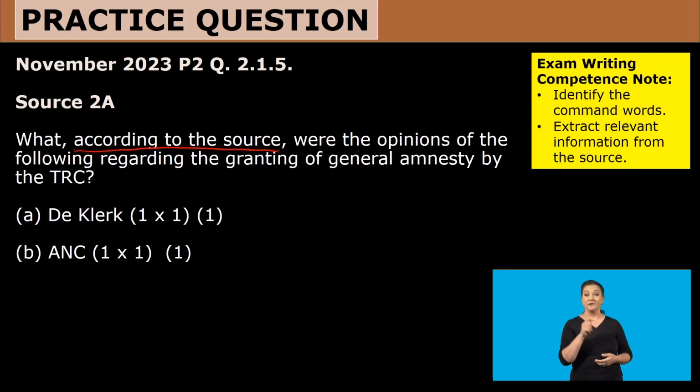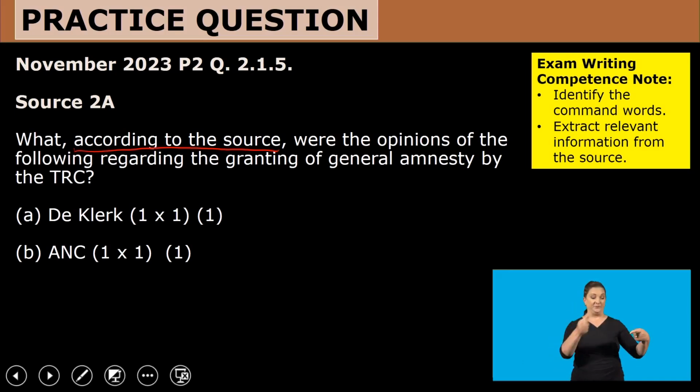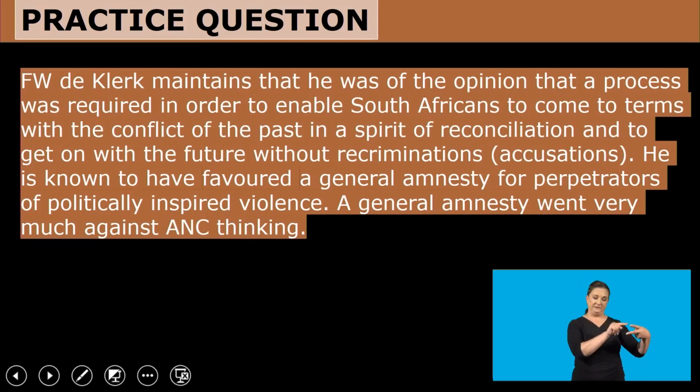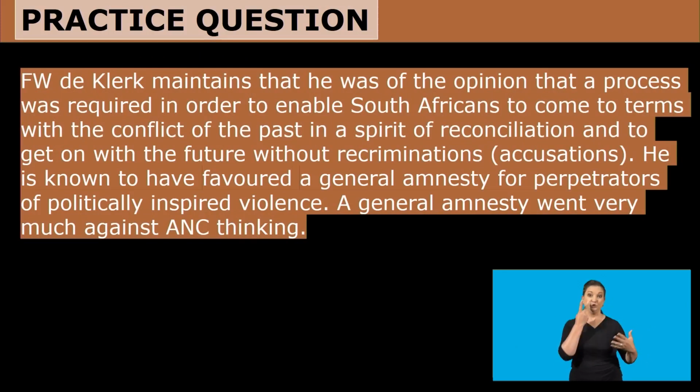The first one is de Klerk, and then the next one is the ANC. Now let's look at the possible responses. Before we do that, let's look at the source. F.W. de Klerk maintains that he was of the opinion that a process was required in order to enable South Africans to come to terms with the conflict of the past in a spirit of reconciliation and to get on with the future. That's very important.